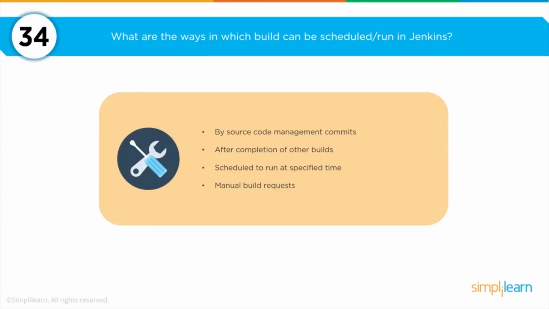Maybe you have multiple builds in your project that are dependent on each other, and when so many other builds have been executed, then you can have Jenkins run. You can schedule builds to run at a specified time, so you may have nightly builds of your code that illustrate the changes in the solution you're building. And then finally, you can also manually build an environment on request.